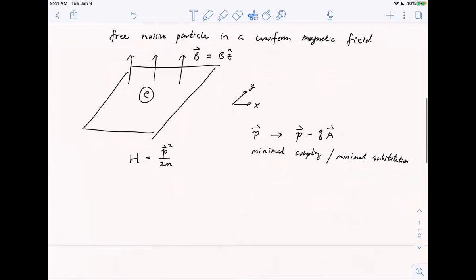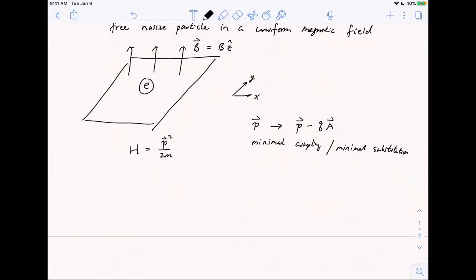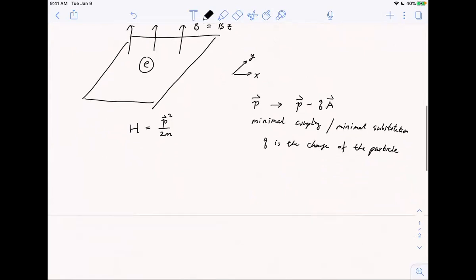So this A contains the information of the field. Okay, so in this, q is the charge of the particle.